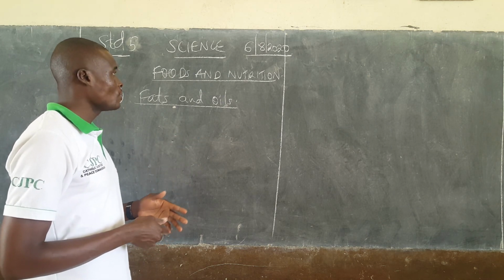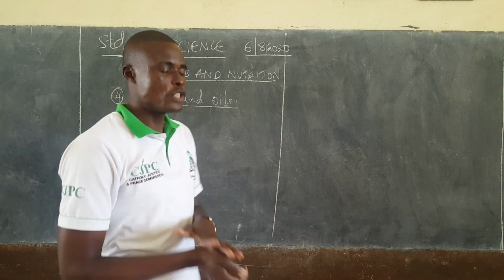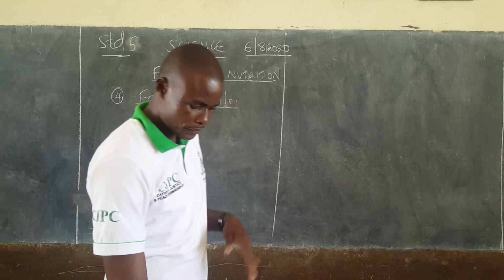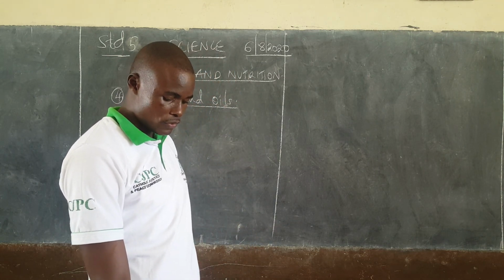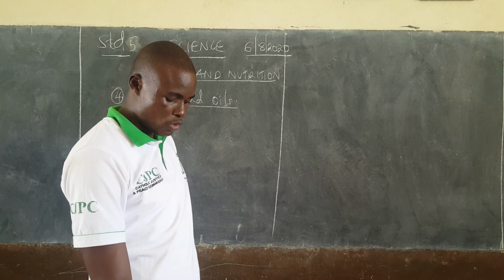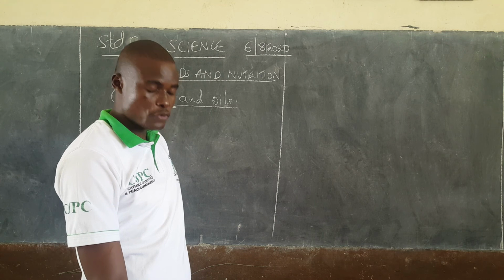So in our last lesson, we looked in detail at some terminologies like food, what are nutrients, what is nutrition, and so on. Then we went ahead to look at the nutrients found in food.